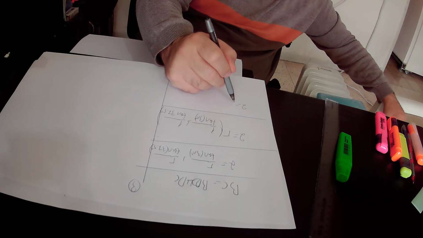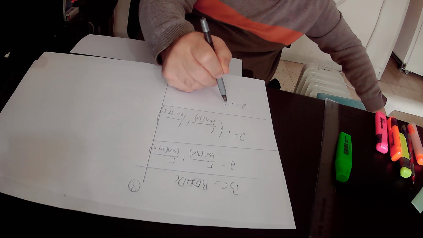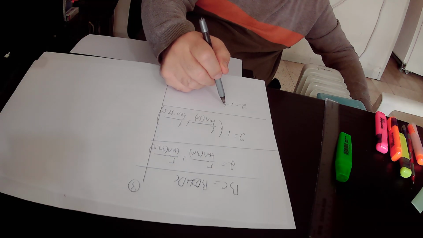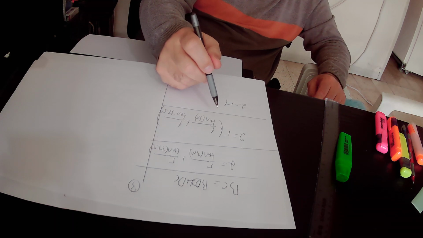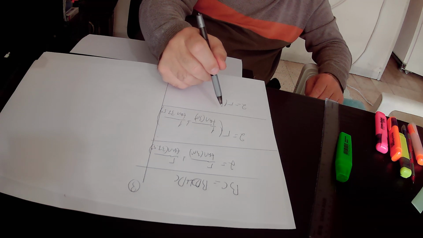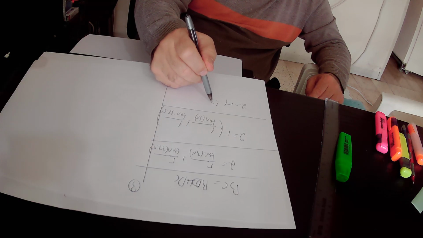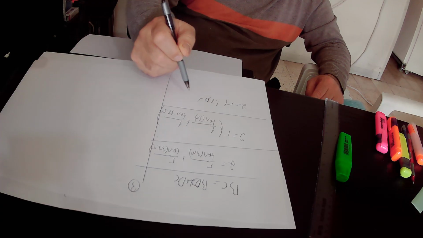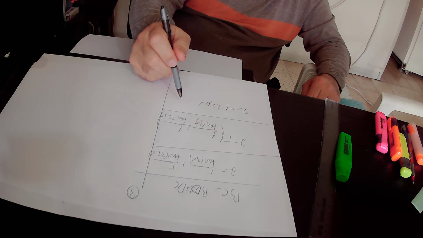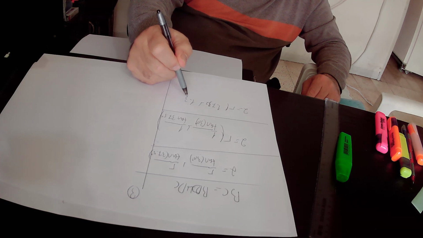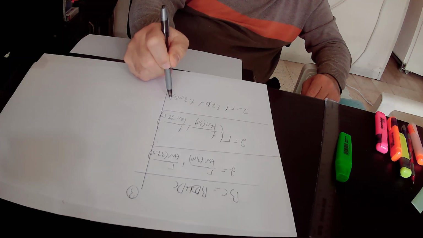So 2 equals R times 1 over tangent 30 degrees, which equals 1.732, plus 1 over tangent 37.5 degrees, which equals 1.3032.